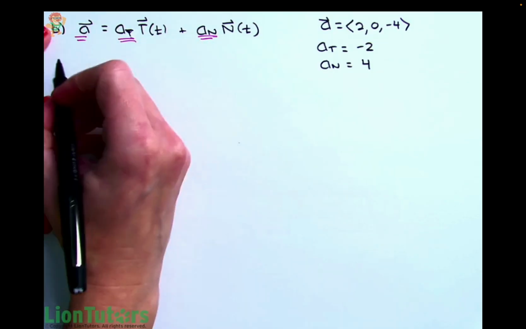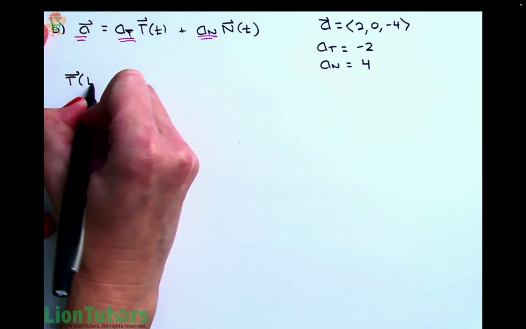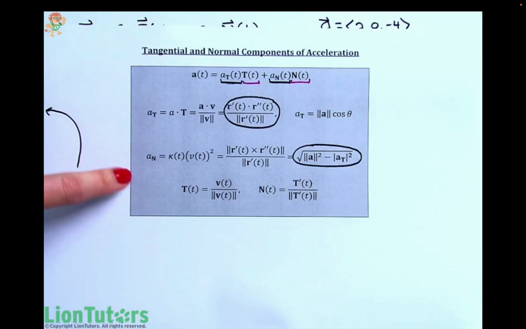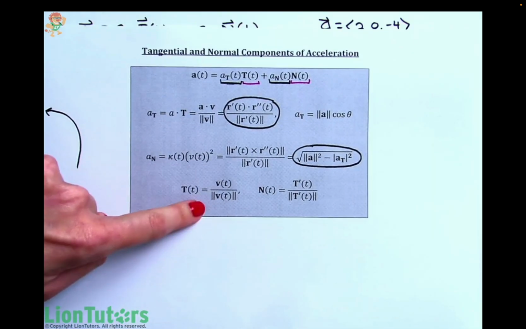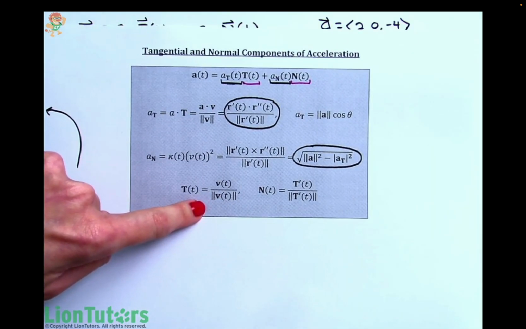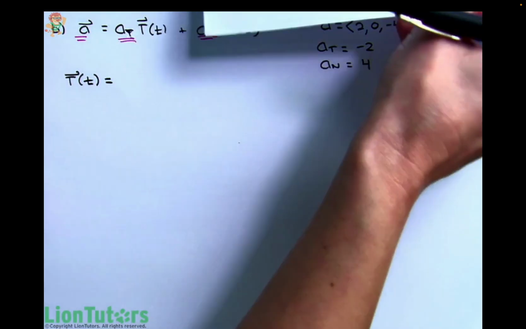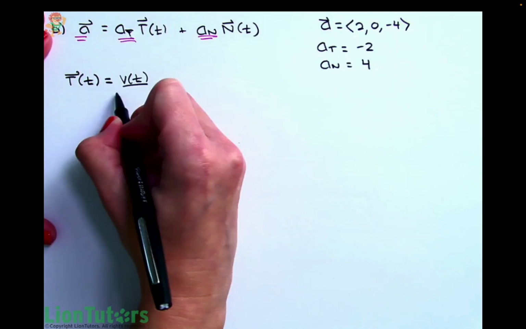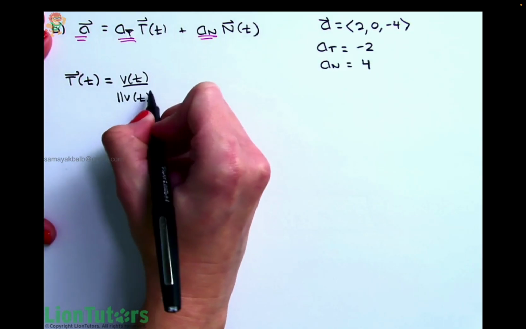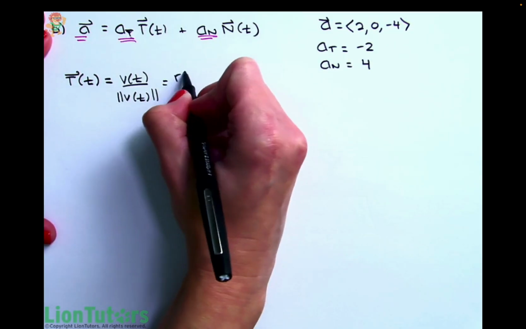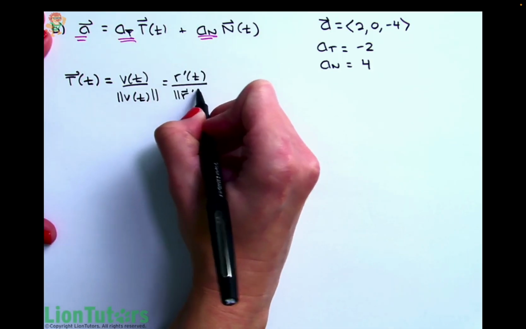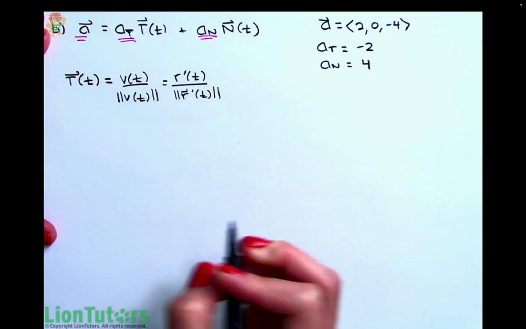So our formula for our tangent vector, our T of t, if we look back on that previous page, is equal to v of t over its magnitude, which is really the same thing as saying r prime of t over its magnitude. And we have both of those things already at 1/2.